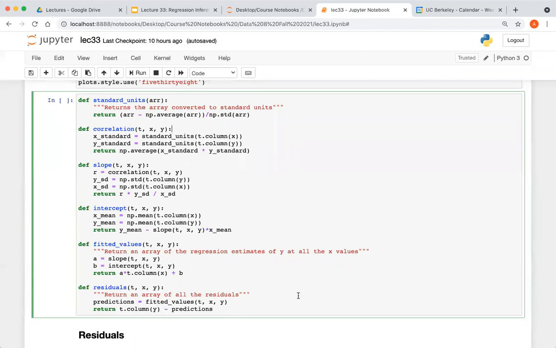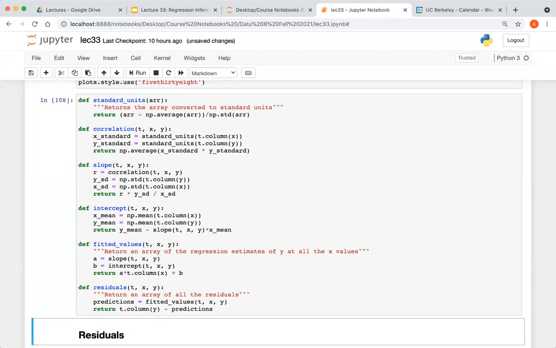Quickly, questions about this sequence? Each one is pretty straightforward, and they all use the previous ones. All of these were defined last time, so I'm just going to run them. You should note somewhere that we now have a whole bunch of functions that we can use to calculate slopes, correlations, and so on.